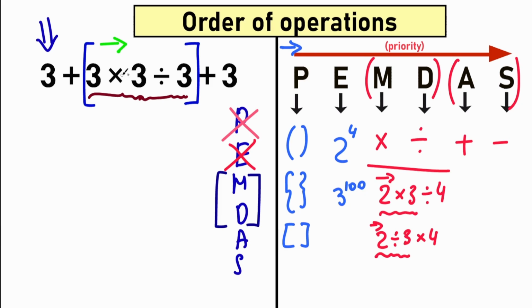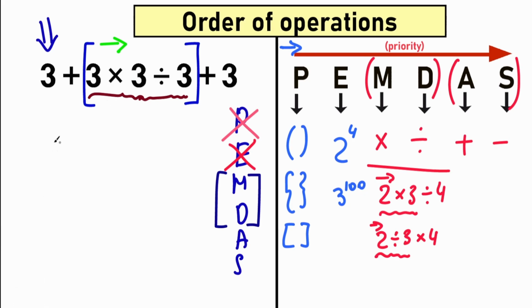We are talking about the same priority. In our case, the first sign from left to right is multiplication, but when we have division first, then we need to perform division. So in our case, we need to multiply 3 times 3.